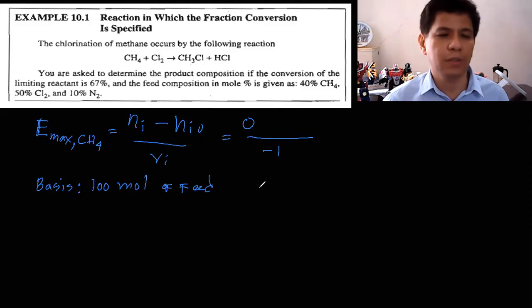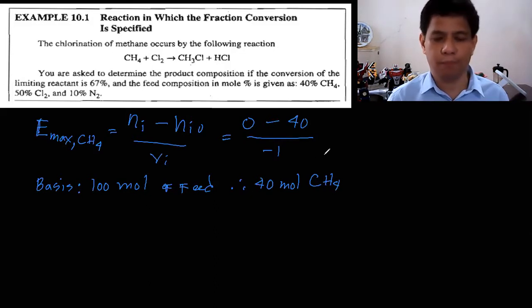So the consequence is that we have 40 moles of CH4. So this would be our N sub IO. So minus 40. So as you can see, Emax for CH4 is exactly equal to 40.